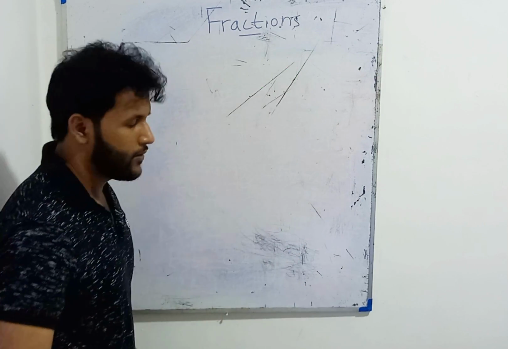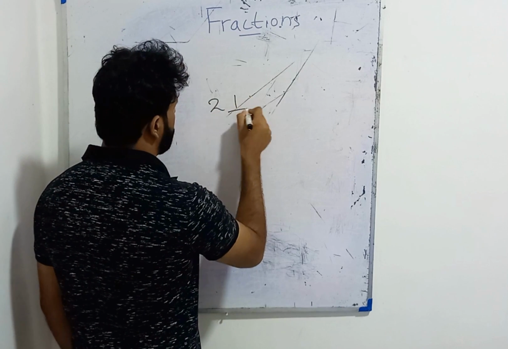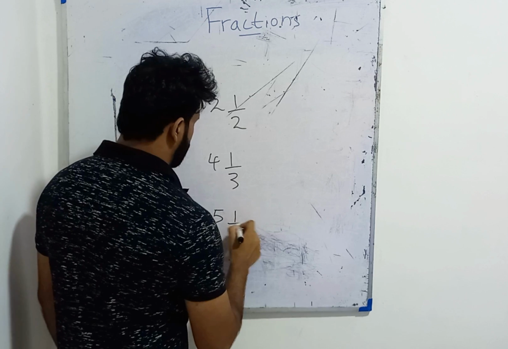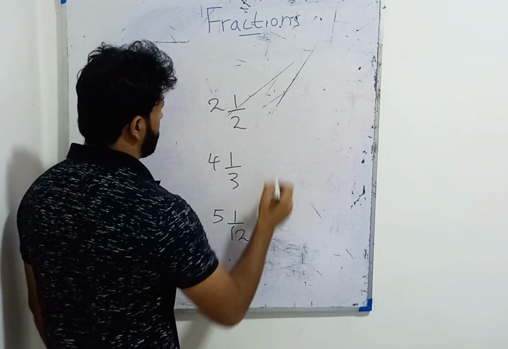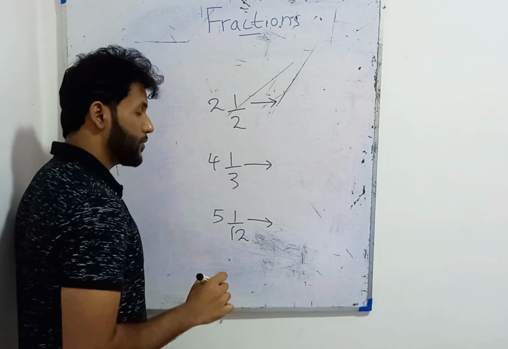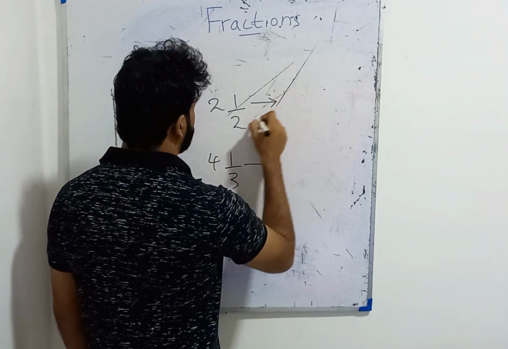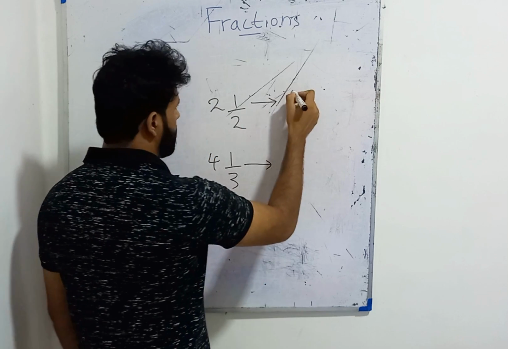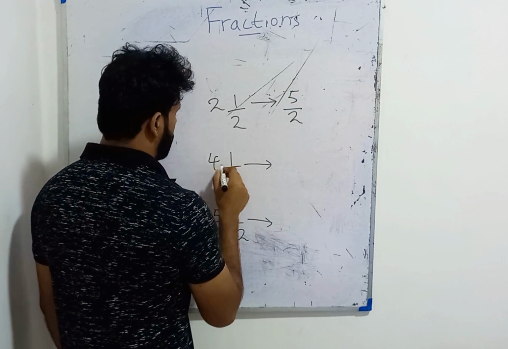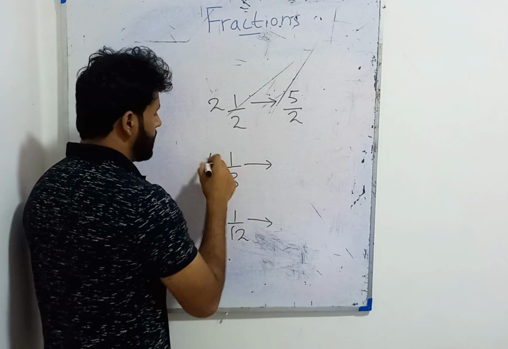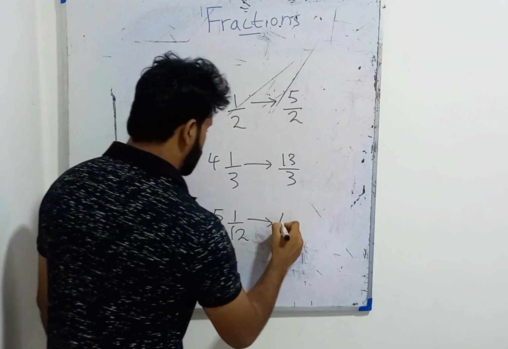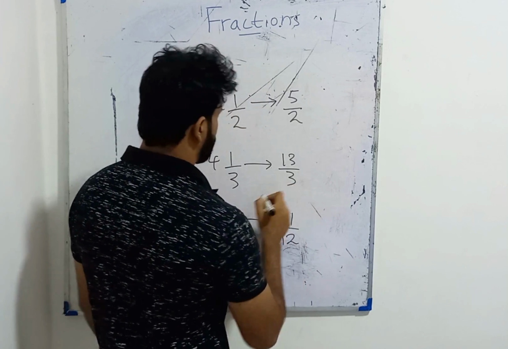Okay, so 2 and 1 over 4, 4 and 1 third, 5 and 1 12th. Let's convert these mixed numbers into improper fractions. 2 into 2, 4, plus 1, 5 over 4. 3 into 4, 12, plus 1, 13 over 3. 12 into 5, 60, plus 1, 61 over 12.